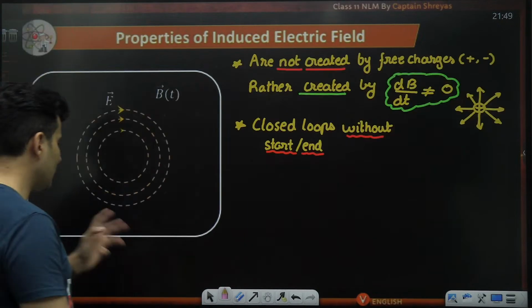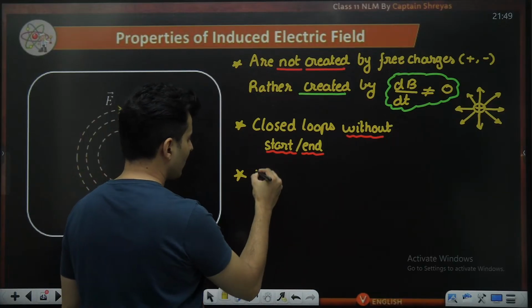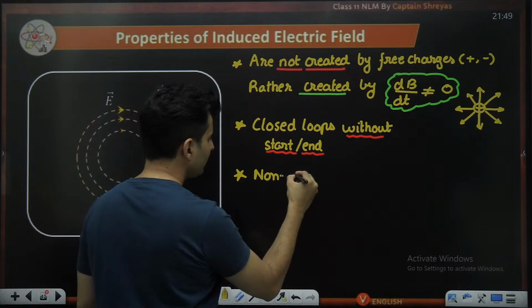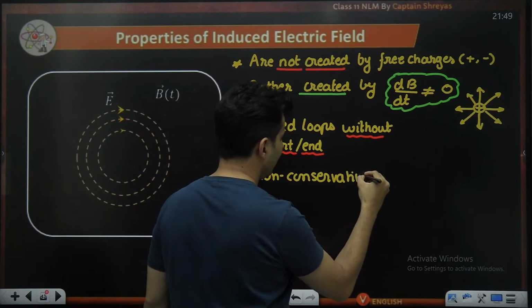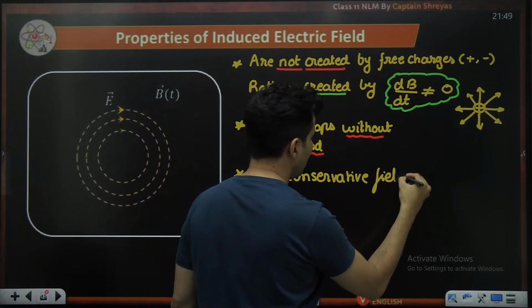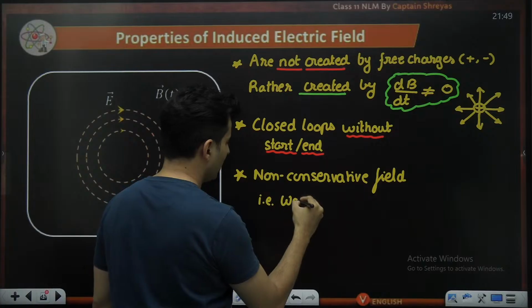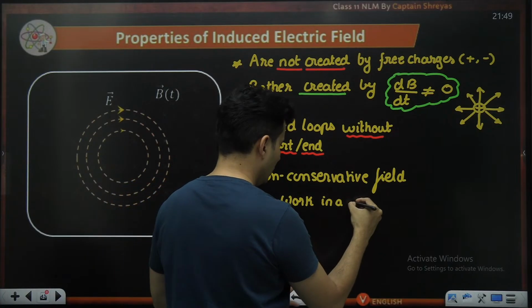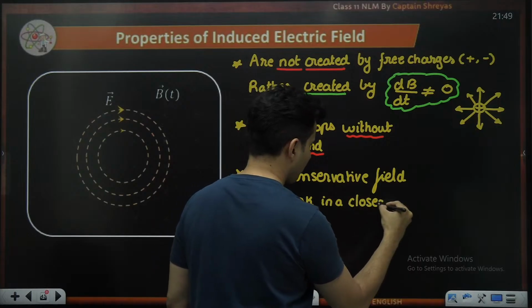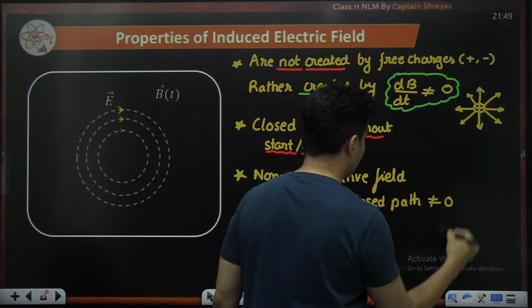So this induced electric field is a non-conservative field in nature. That means the work done in a closed path is not zero.